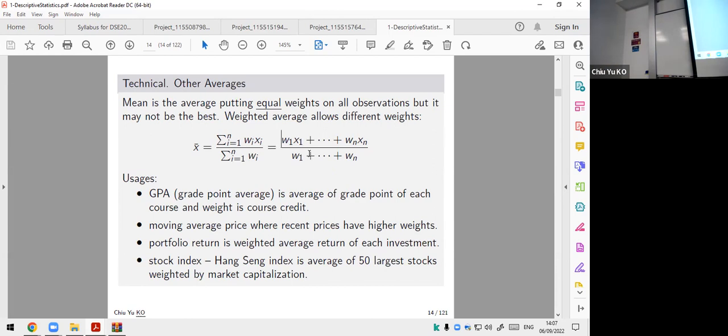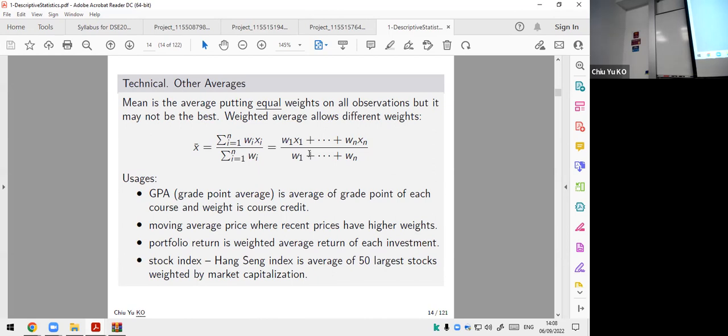Now this is very often used. Say in the stock market, what we often call the moving average price is not just a simple average of previous prices; it looks at a weighted average where the recent prices carry more weight.